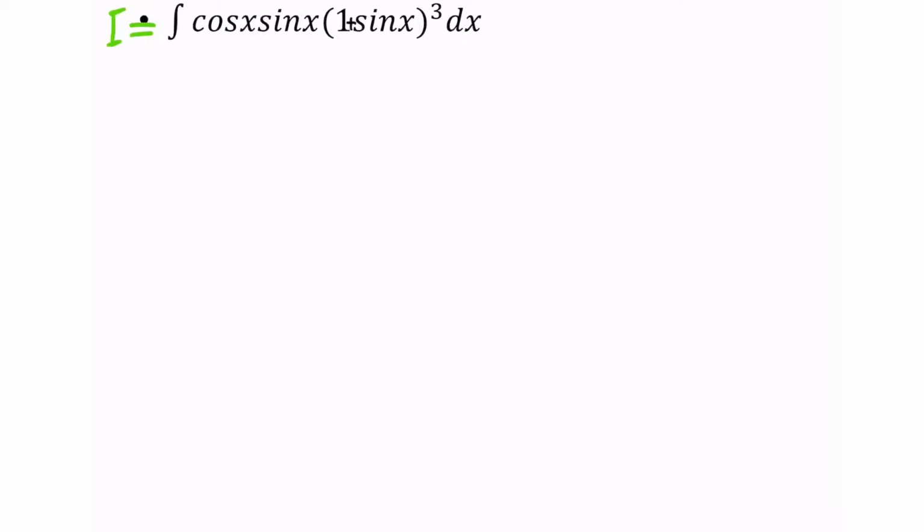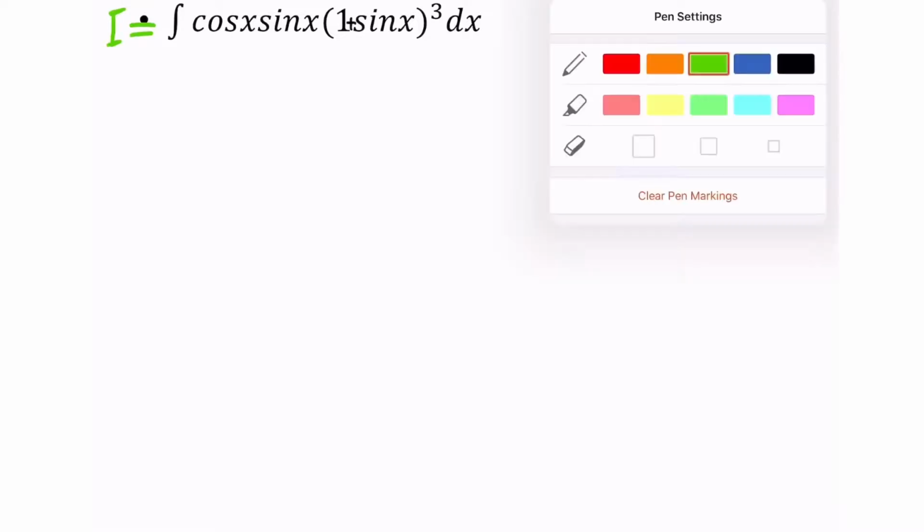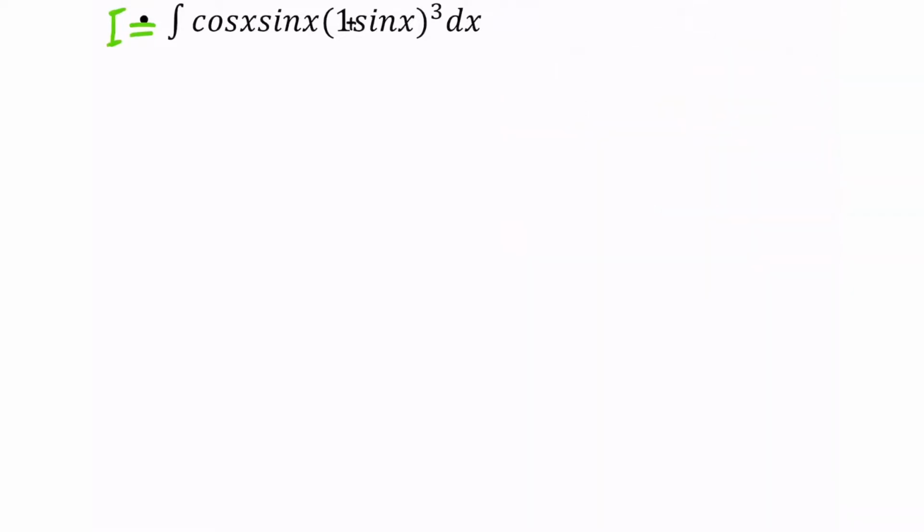Again, as you can see, this is a function here, which is 1 plus sine x, and it's inside another function, which is to the power 3. So we will assume what's inside the bracket as u. You okay? I hope so.